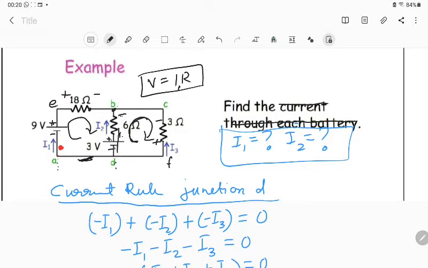I am going like this, like this, like this. This is my direction.